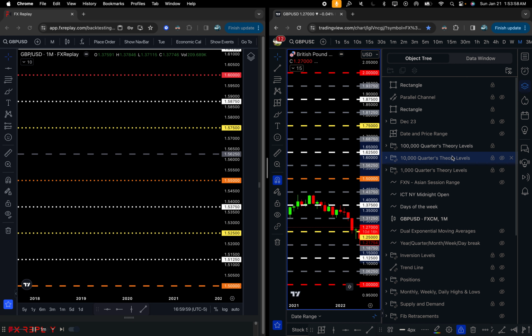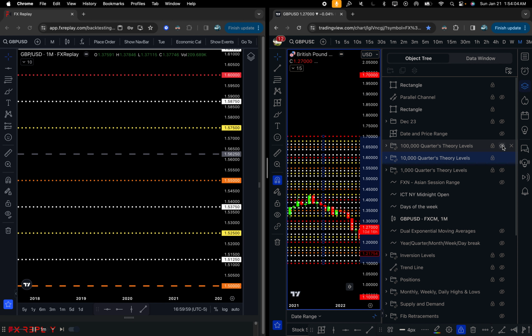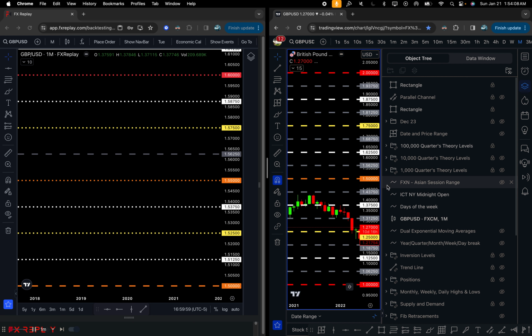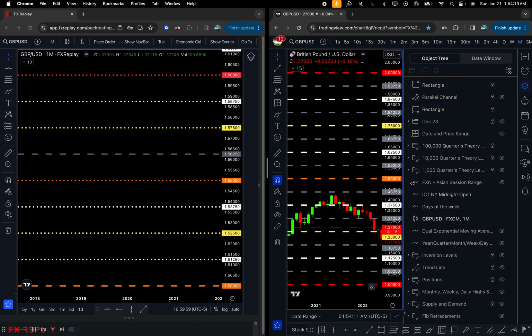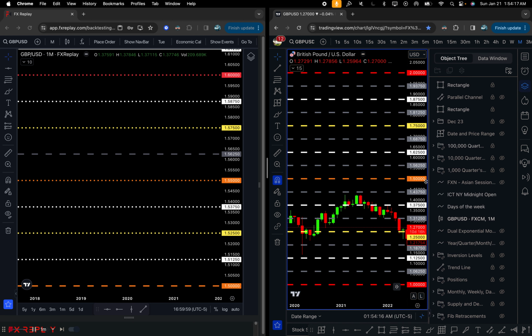And then you got your 10,000 quarters theory levels, which are these. But you want to start with your 100,000 and then go down from there.